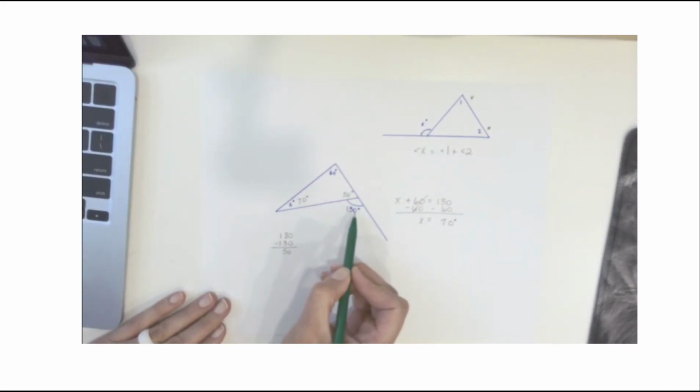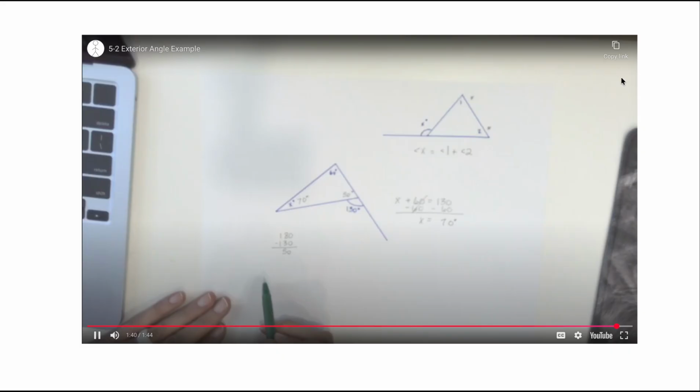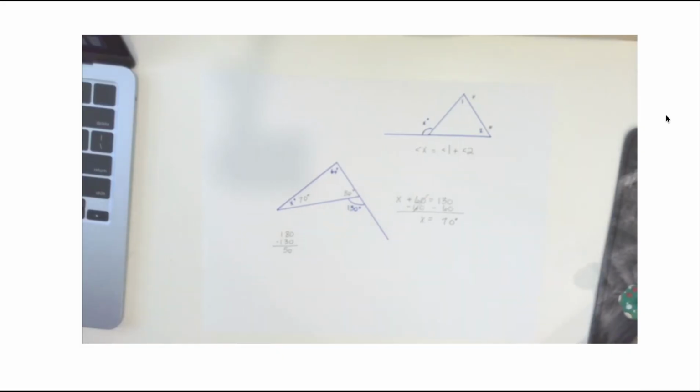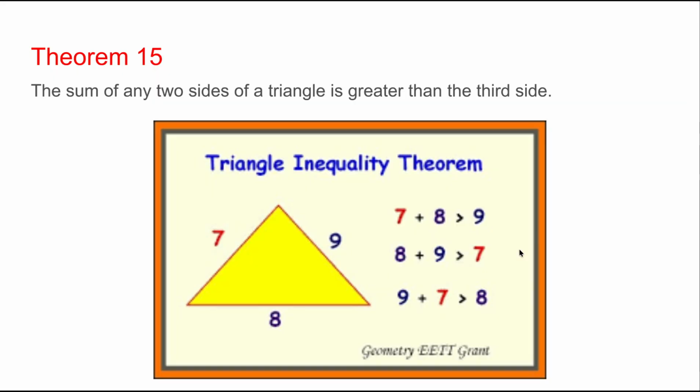They are a linear pair, and we have 130 degrees plus 50 degrees equals 180 degrees. Okay, so to see that one more time, the exterior angle is the sum of the two remote interior angles.